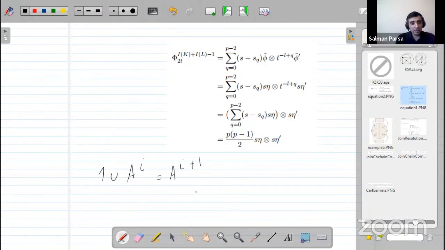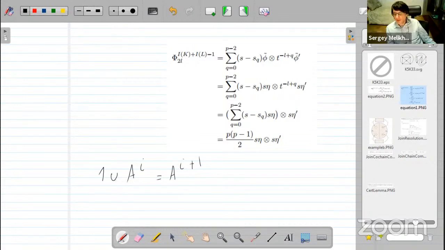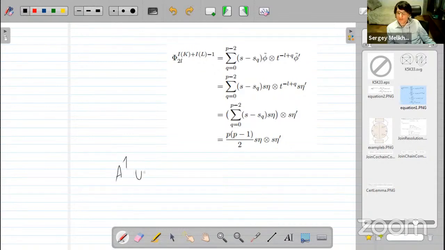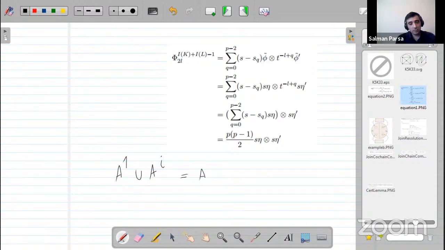Yeah, no, this is not the argument. Maybe A1 cup. A1, yes, sorry, A1. A1 cup AI is A1 cup 2 times, let's say, B. This will be 2 times A1 cup B. And since these are torsion elements, this will be 0, no?